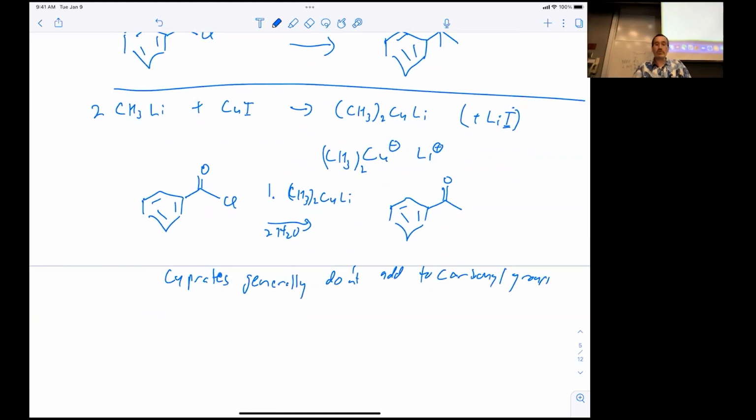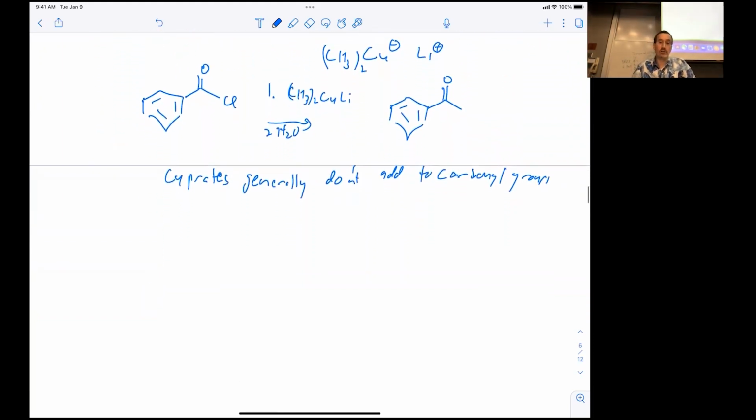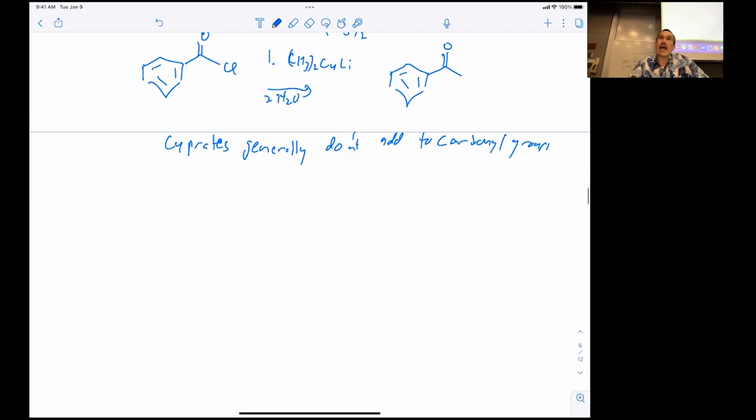All right, now there's one very special modality of reaction of organocuprates, which your textbook brings in, and it's going to be a start of things we're going to continue to see later on. And this is in the reactivity of alpha beta unsaturated compounds. So I want to introduce the alpha beta unsaturated compound 2-cyclohexenone.